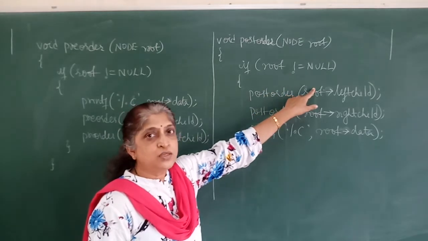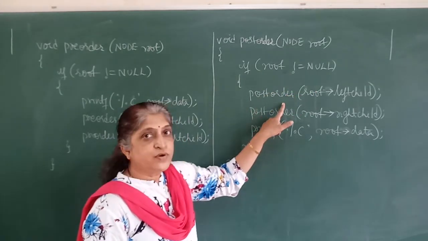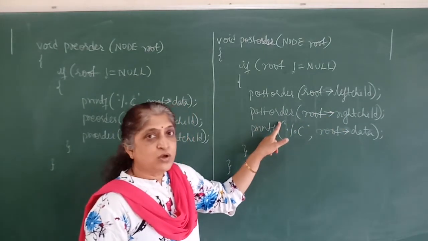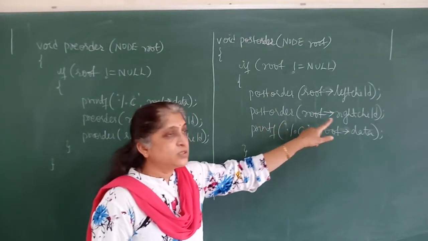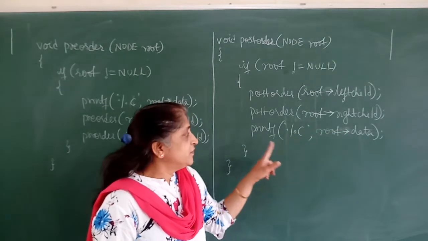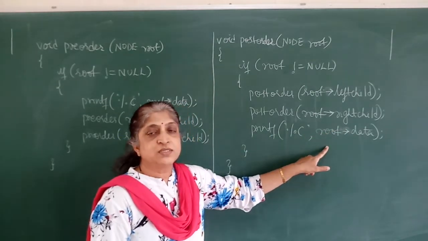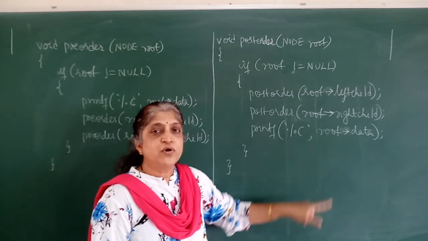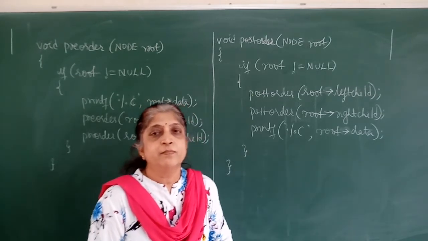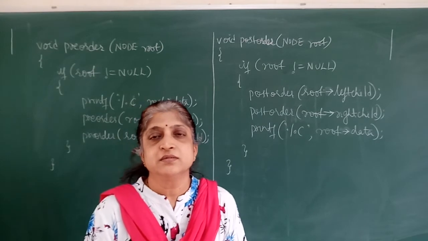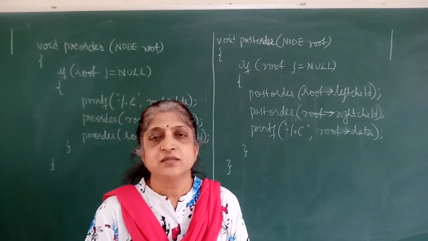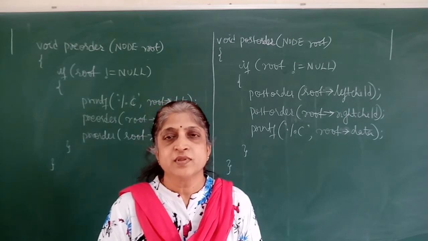If root is not equal to null, call the post-order function with root left child as an argument, then with root right child as an argument, then printf root data. So these are the functions for traversing a binary tree, and this is how we have to trace the function. Thank you all.